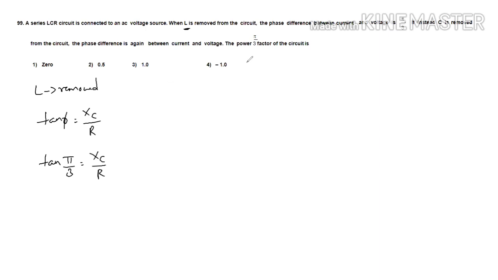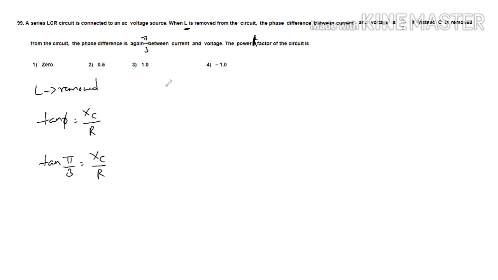And this phi value, they have given as pi by 3, so tan pi by 3 is equal to XC by R. Now, they are saying that if instead C is removed from the circuit, the phase difference is again pi by 3 between the current and voltage.